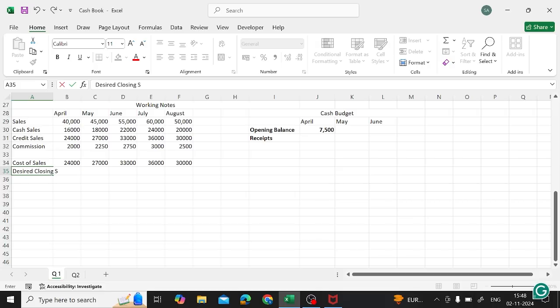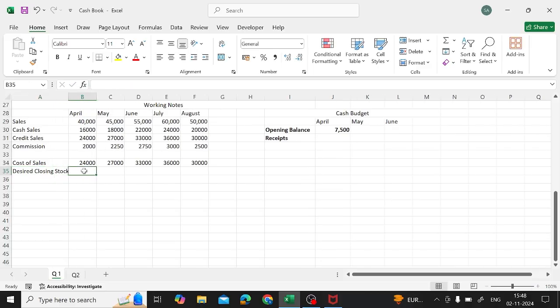It is given in the question that the inventory stock is kept equal to the sales requirement of the next two months' budgeted sales. So for April, it should be May plus June sales.